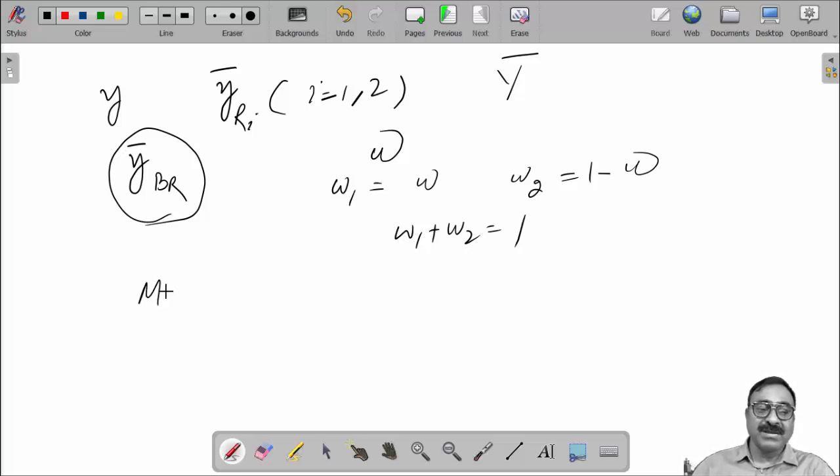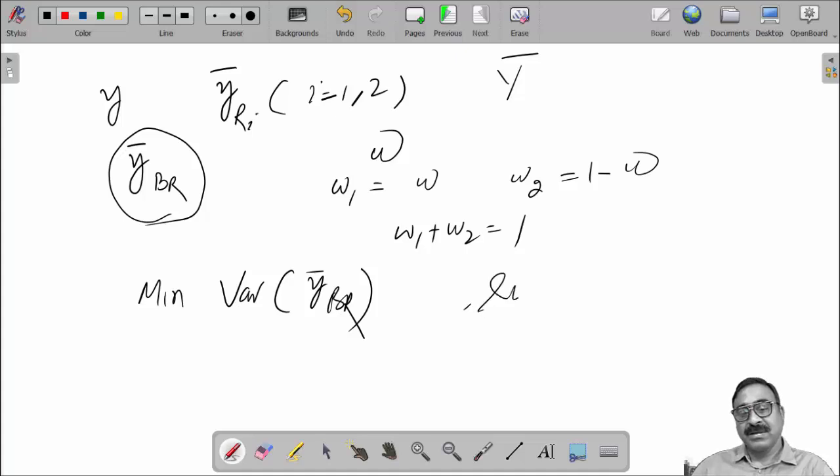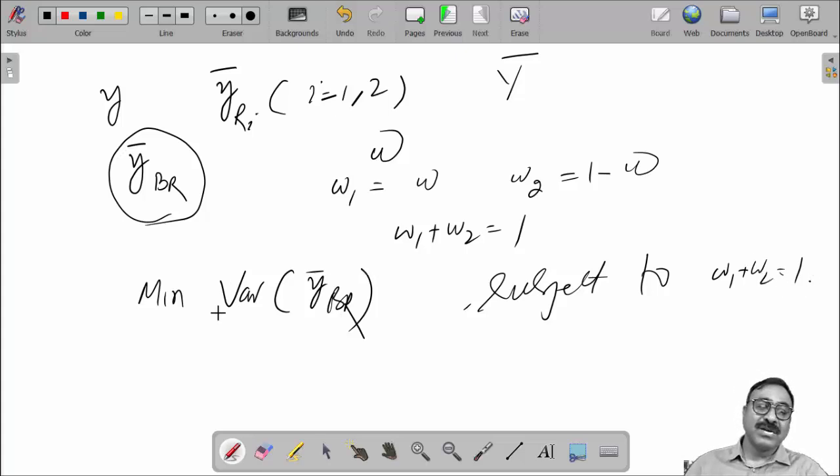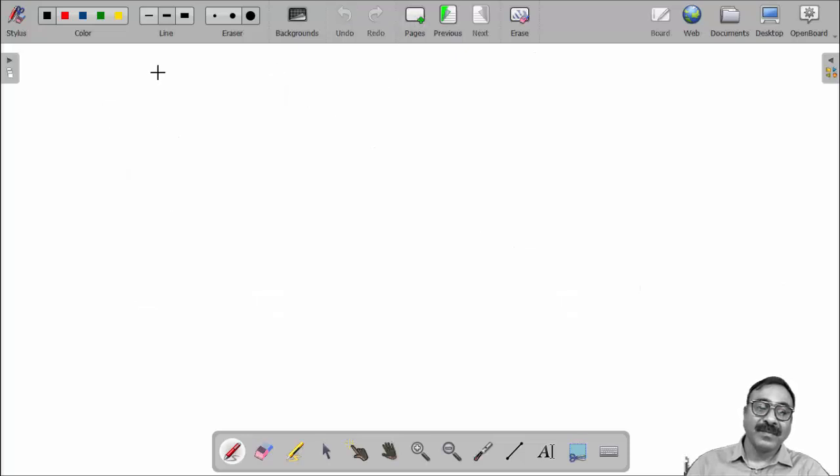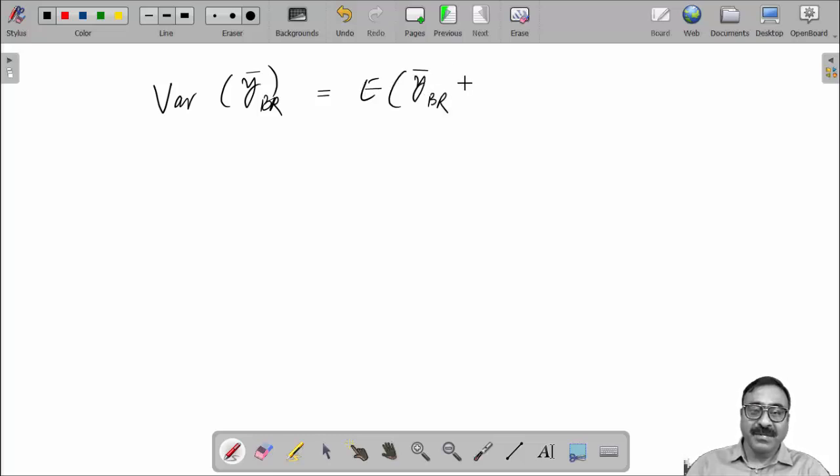So we have to minimize the variance of the bivariate ratio estimator y_BR bar subject to w1 plus w2 equal to 1. So now the variance of y_BR bar is equal to expectation of y_BR bar minus Y bar whole square for large n.